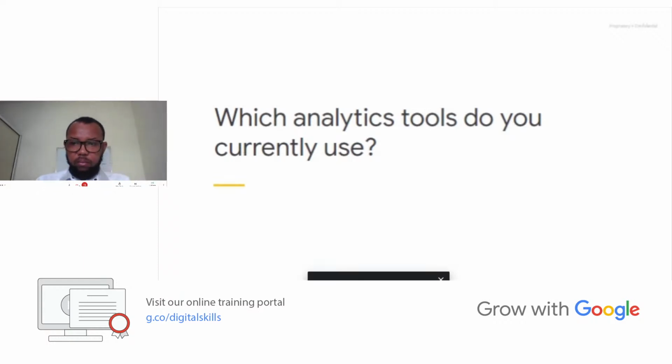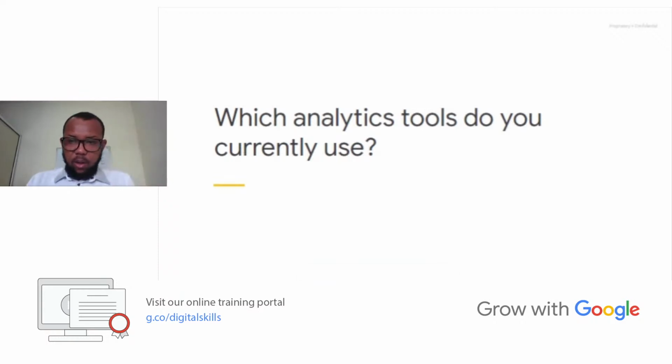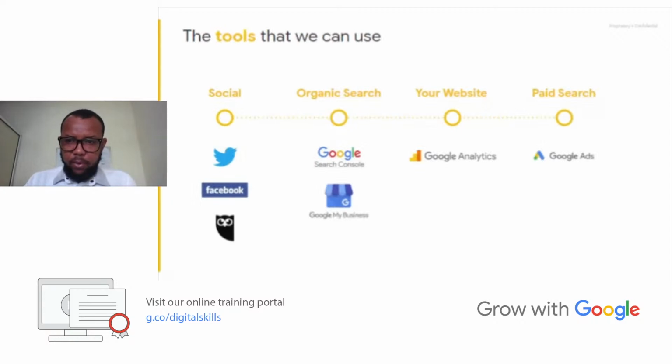Okay. I thought as much. So here are the tools that we can use to analyze our data. Here we have the online platform that offers great features to get information about our customers.